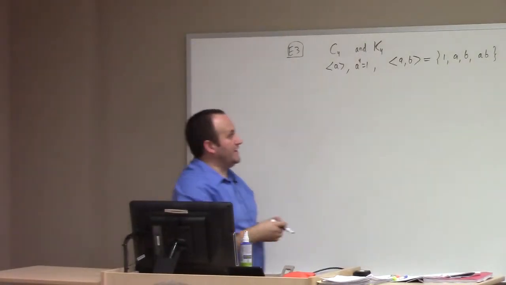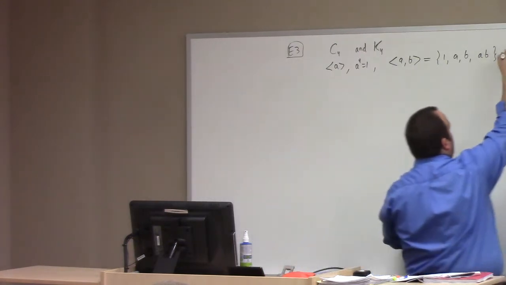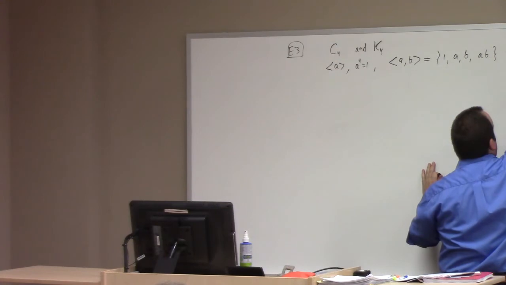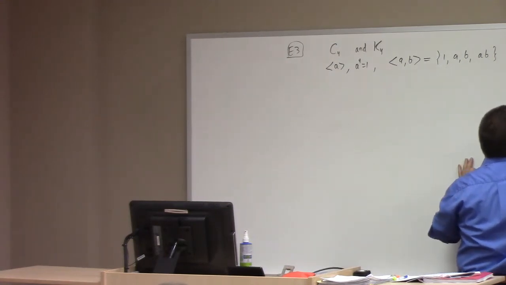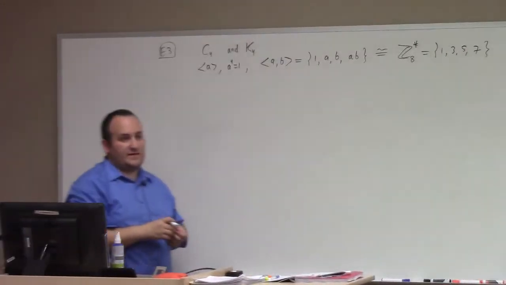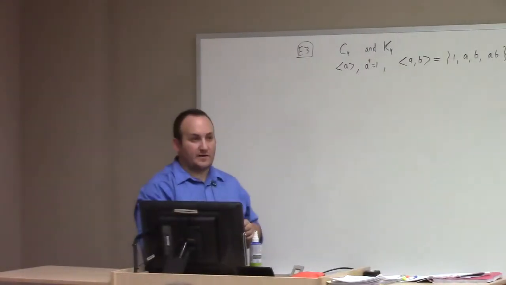The Klein 4 group can come in disguise, though. This is isomorphic to the Z8 group of units, and I can tell that immediately because the Z8 group of units has 3 elements of order 2, right?